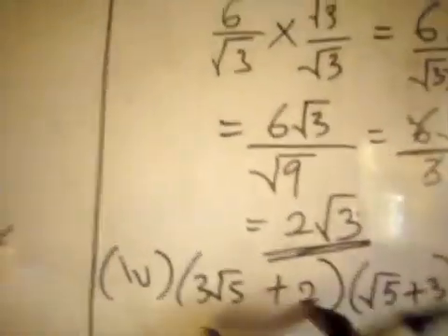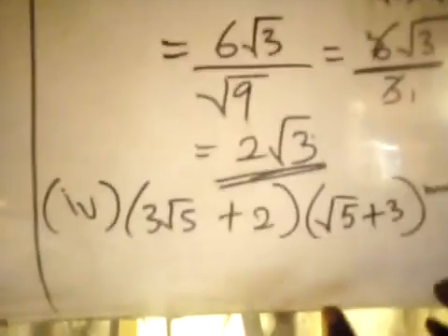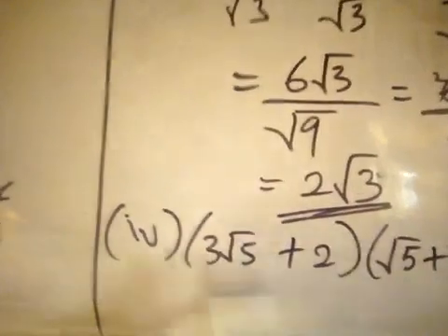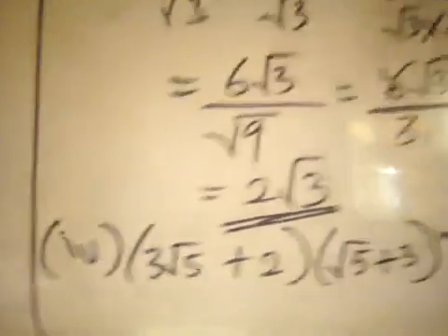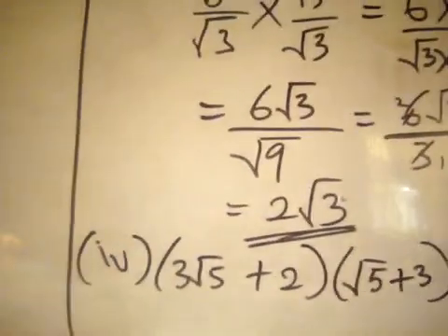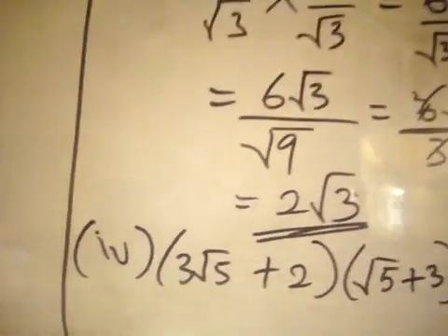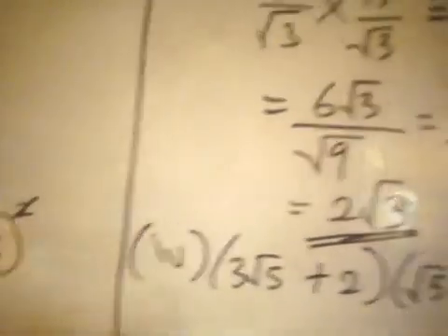Understand now? This is one term, this is another term. We want to multiply by this. How do you resolve this, especially with this kind of surd expression? The first thing you should do is use algebraic expansion.